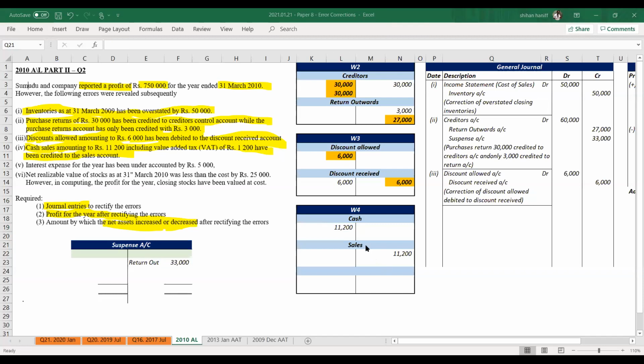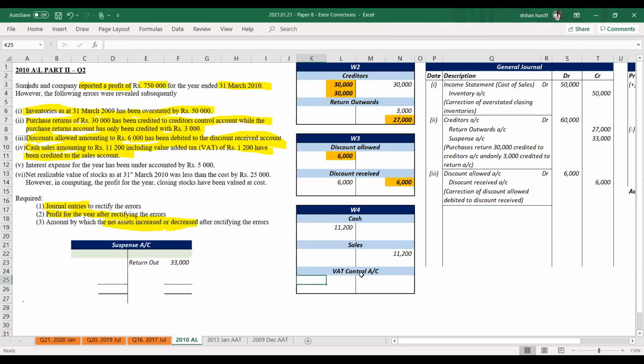So if it has VAT, what is the double entry for VAT? You can't credit the sales. VAT should be credited to VAT control account. Right, so this is a VAT payable.